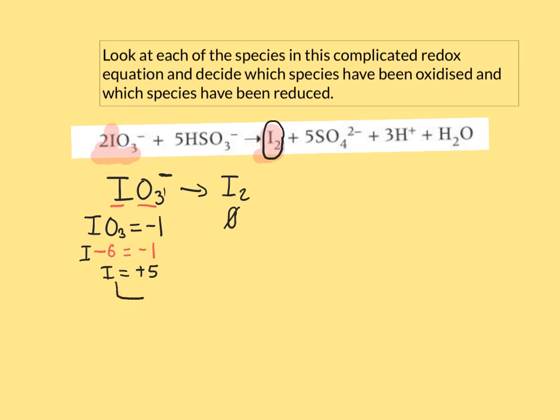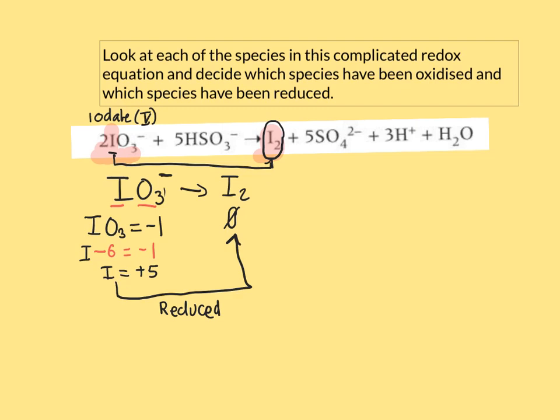Iodine has gone from +5 to 0 and it's gone down the ladder, so we can say that the iodine in this compound has been reduced. If iodine has been reduced in iodate, we can now name that ion: the iodate(V) ion, because the iodine has an oxidation state of +5.